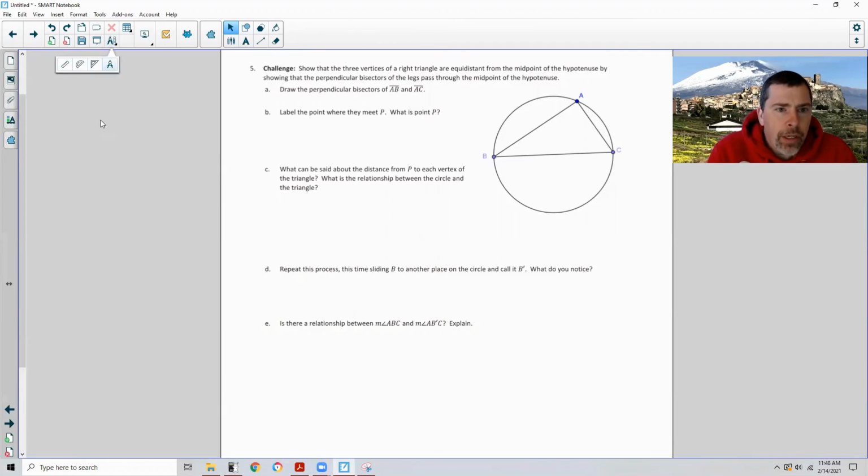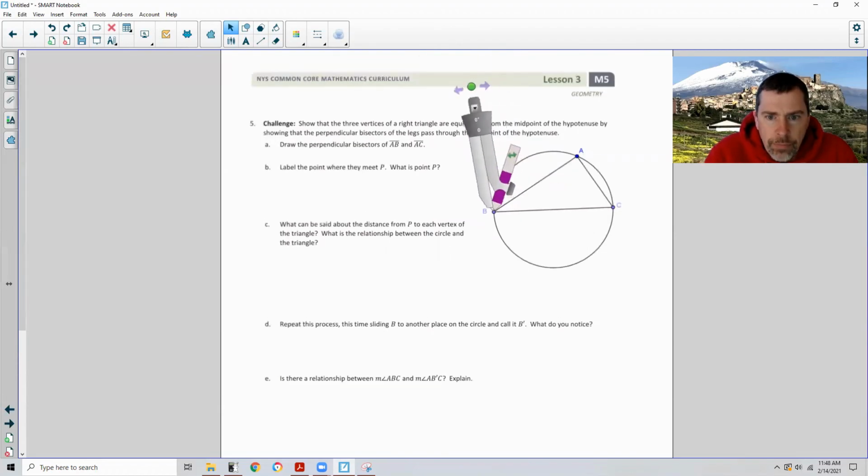Okay, let's do that. So I'm going to get my compass, and how do we do perpendicular bisectors? We put our stylus on one end, like so, and we rotate it, and we open it out more than halfway, like so. And now I just need to adjust this. The electronic compass is not the best. So I'm going to rotate up here, draw an arc.